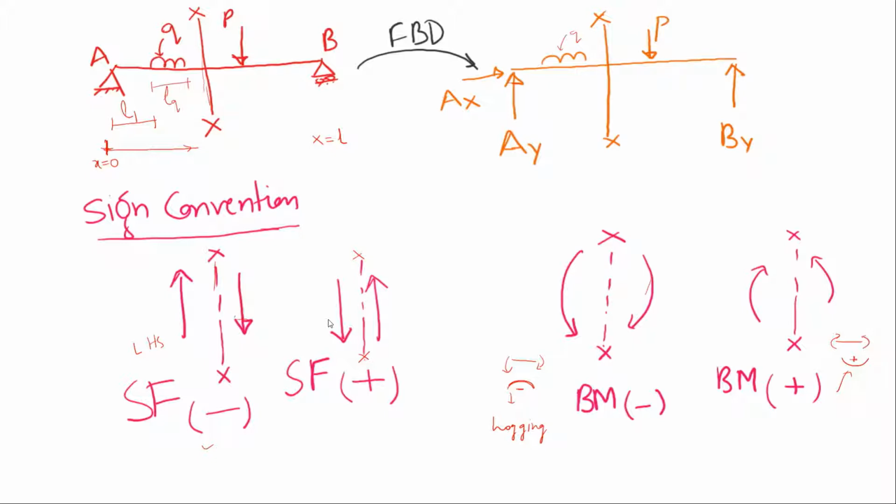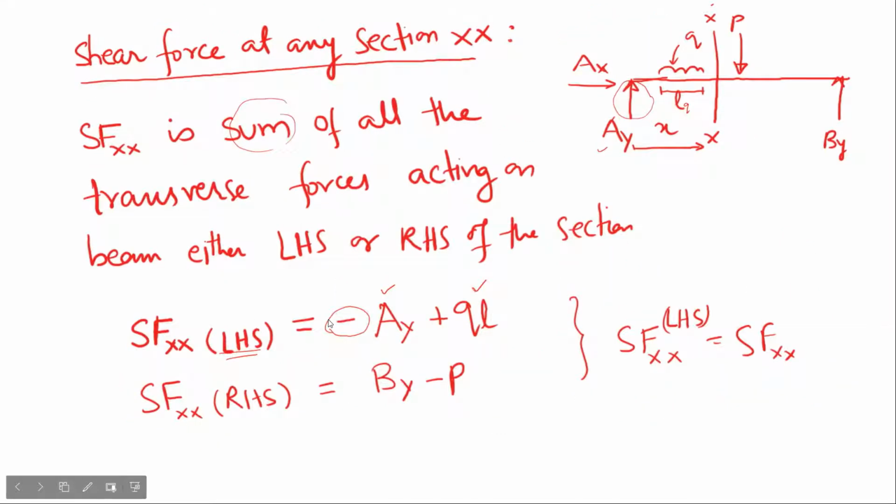So here at this point AY is acting upward, so it is negative, and this Q of L is acting downward, so it is positive. So the sign convention negative and positive is clear now.